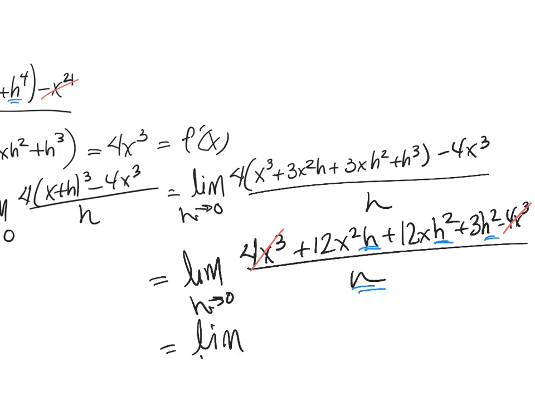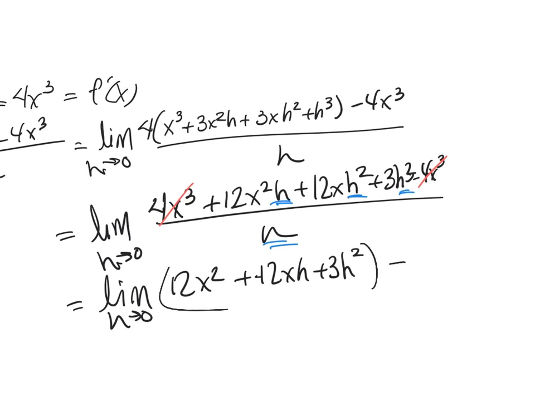The limit as h approaches 0 of 12x squared plus 12xh plus 4h squared. Direct substitution, I get 12x squared as my second derivative. Isn't that great? And then I do this again for my third and my fourth.